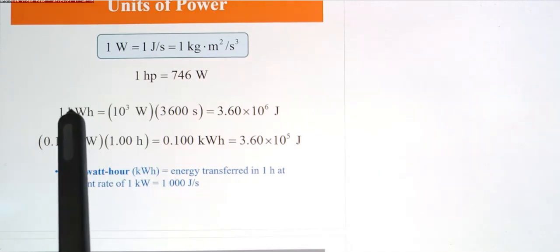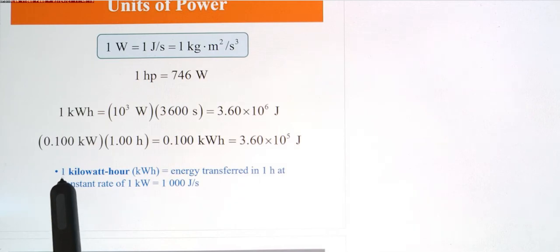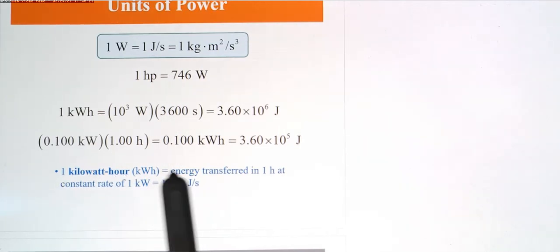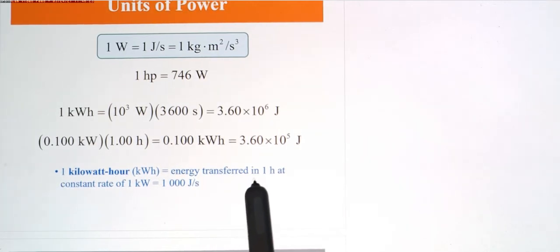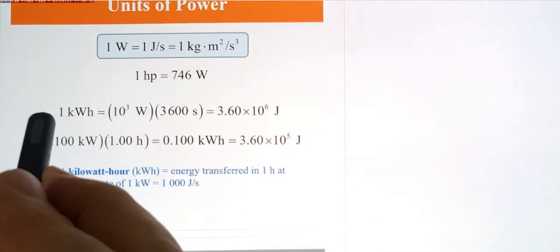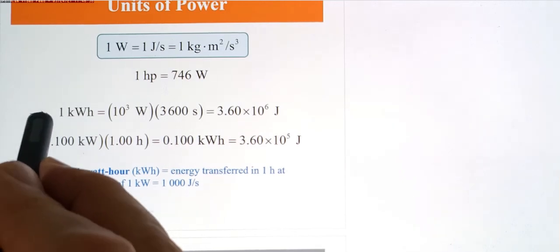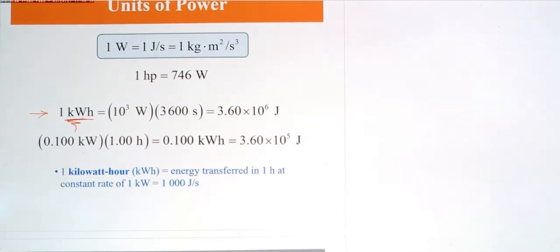And what is 1 kilowatt hour? It is the energy transferred in 1 hour at a constant rate of 1 kilowatt. That's the meaning. Like if you want to pay your electricity bill, you will see this.